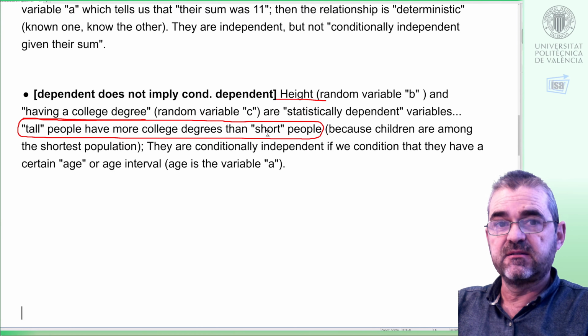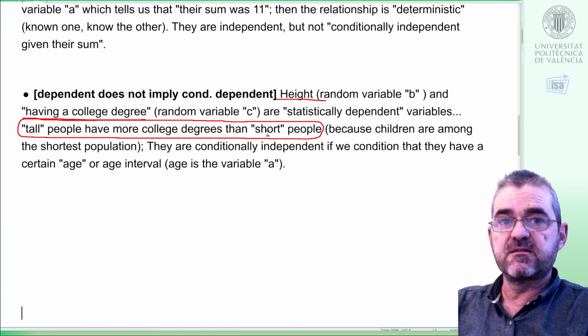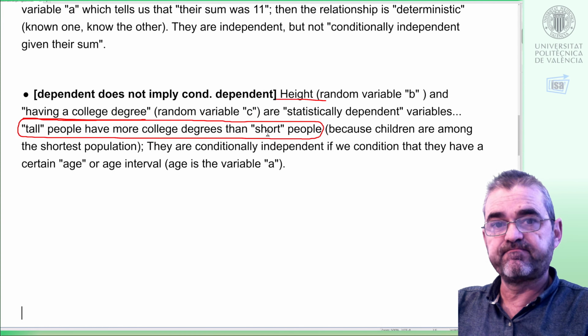Well, it's not. You know, babies and 3-year-old children do not usually measure 2 meters.